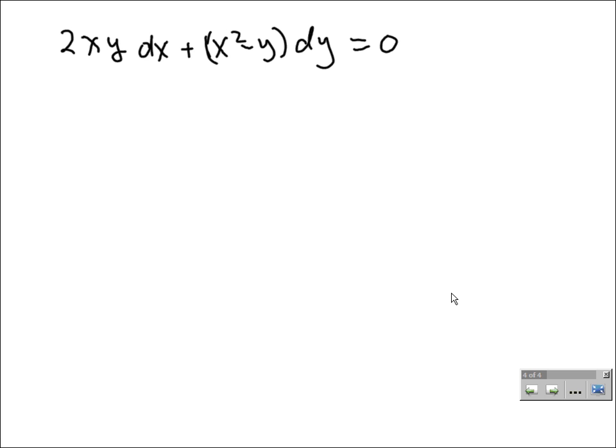A lot of times you'll see differential equations written this way. And they claim that the solution is this. I claim that's the solution. Now, because it's written this way, there's no reason why the answer is that way.